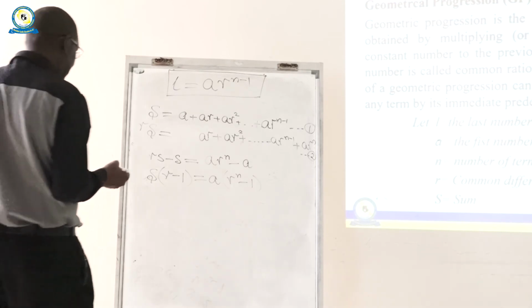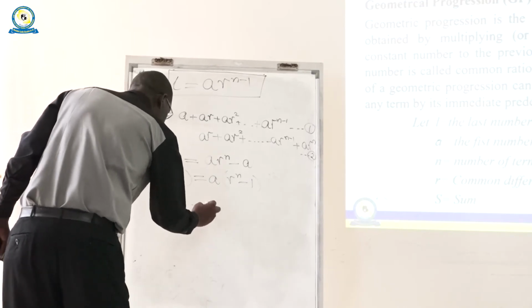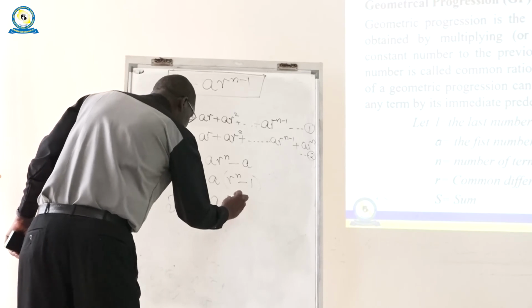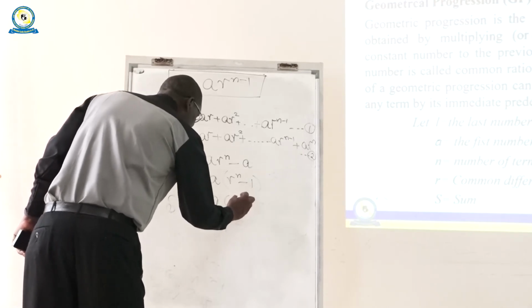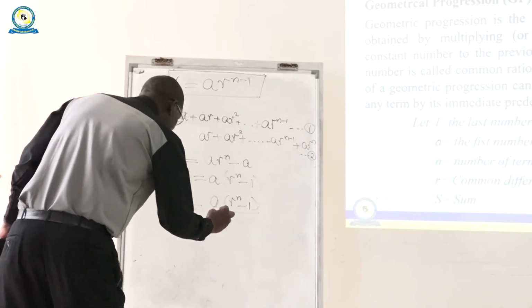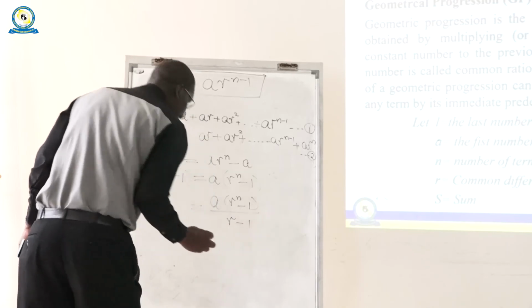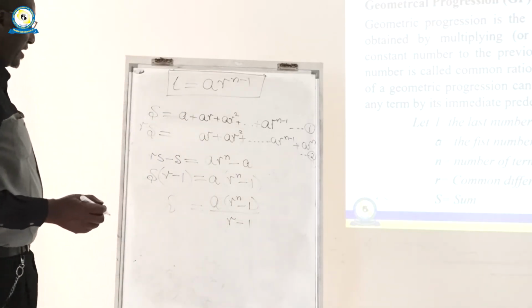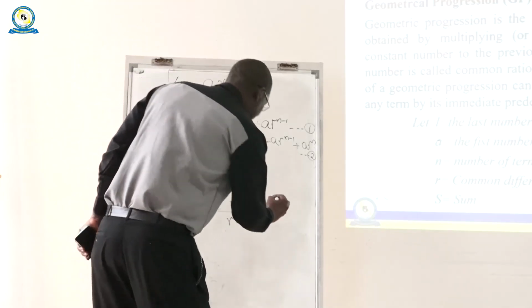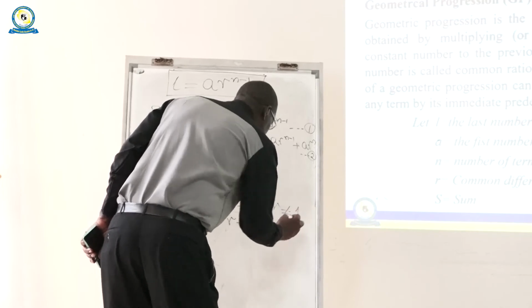Therefore, we divide by R minus 1, and we get S equals A times (R^n minus 1) divided by (R minus 1), where R is not equal to 1.